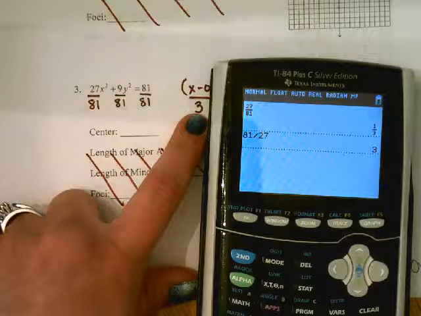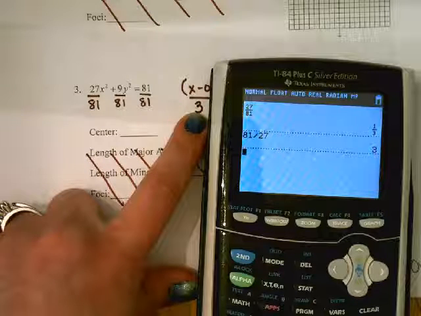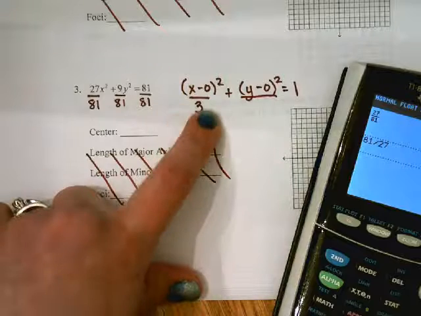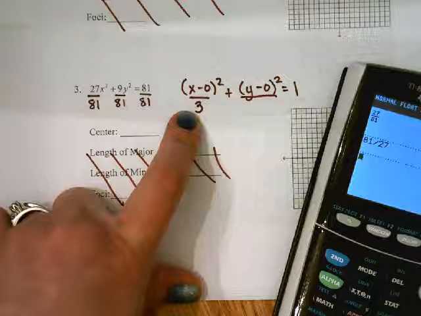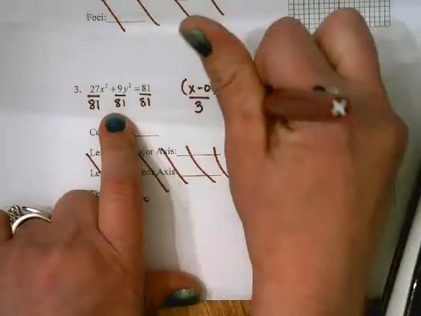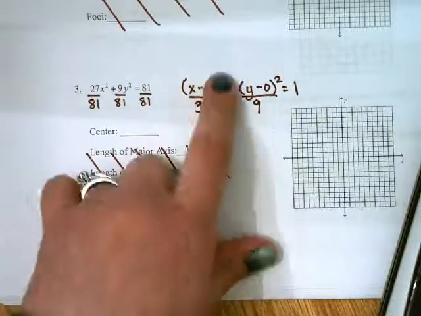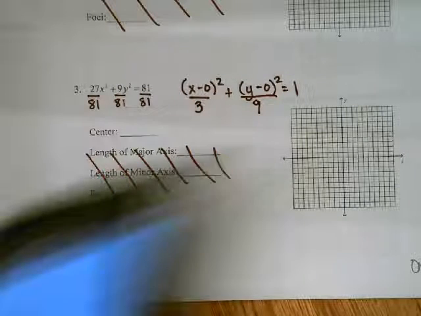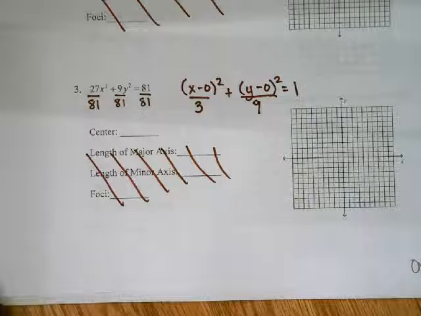Does that make sense? You should not end up with fractions, though, in your denominator. So just be careful. So then 81 divided by 9 is 9, or 9/81 is 1/9. Okay, you didn't have to complete the square on that, so you're just going to tell me your center and then graph it.